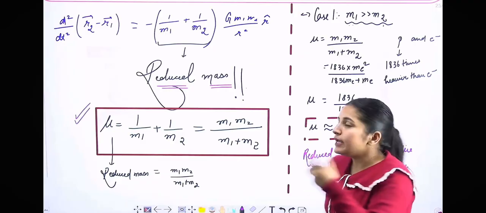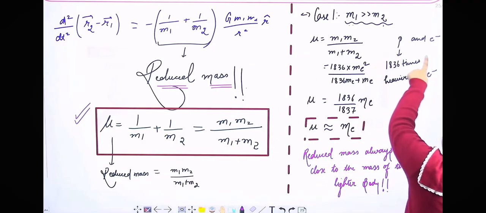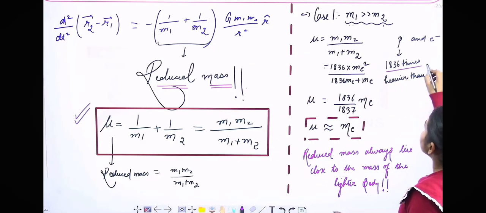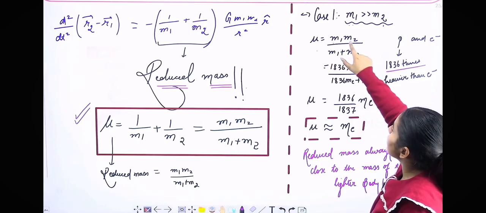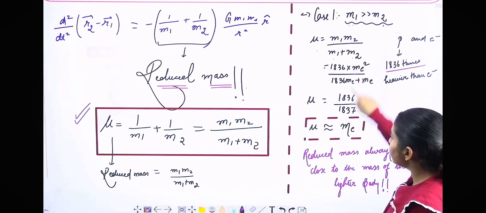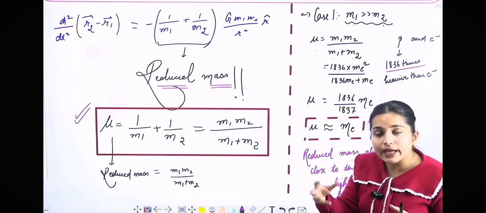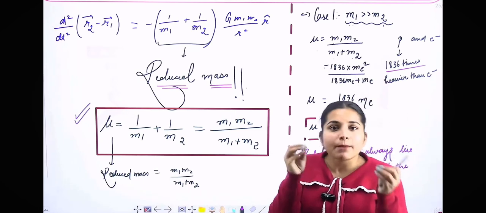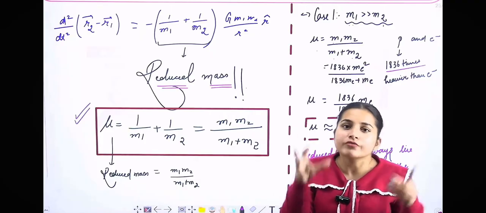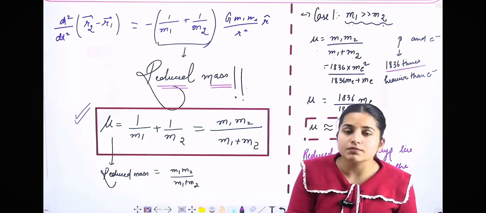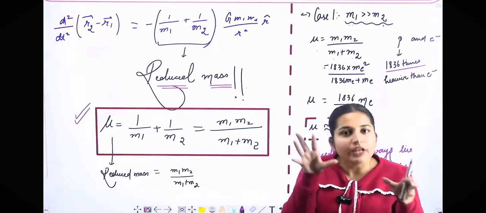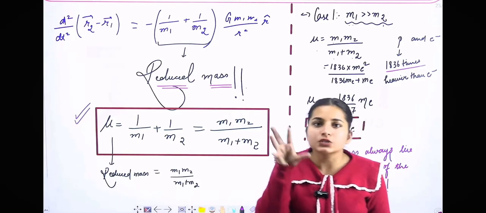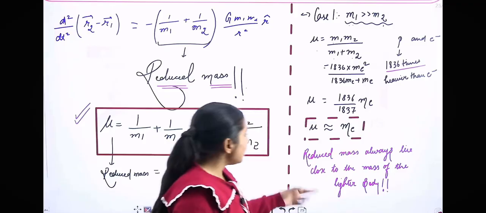For example, here I have taken the case of electron and proton. Proton is near about 1836 times heavier than electron. So mu is equal to m1 m2 over m1 plus m2. You solve it and you get that reduced mass will be approximately equal to the mass of the electron. That is, reduced mass is always approximately equal to the mass of the lighter body. So this is also a conceptual question that can come from this topic.